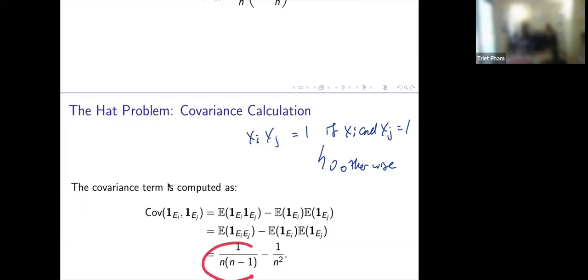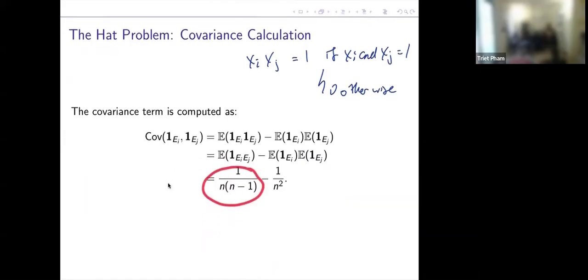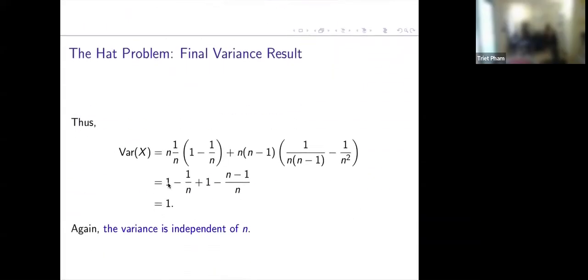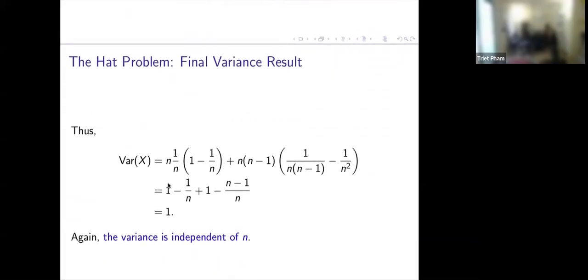Remember, we did that before as well: 1 over n times 1 over n minus 1. And then this goes into here, and that's your final answer. Again, I think I exaggerated the ugliness of this calculation.